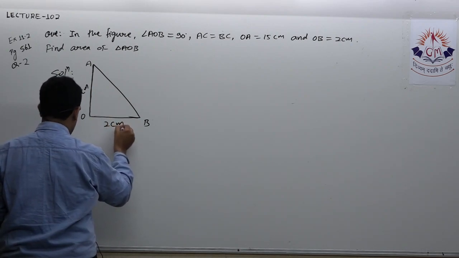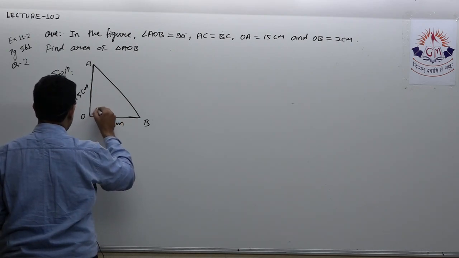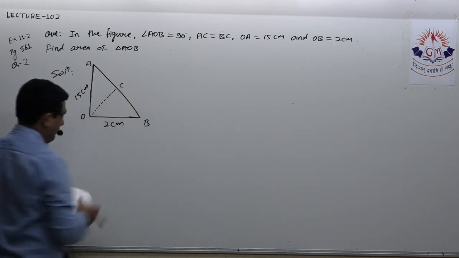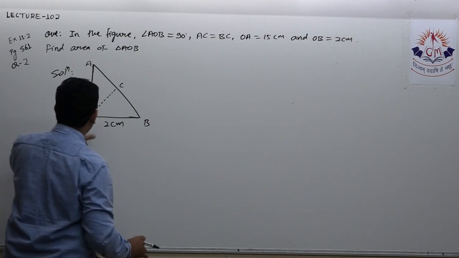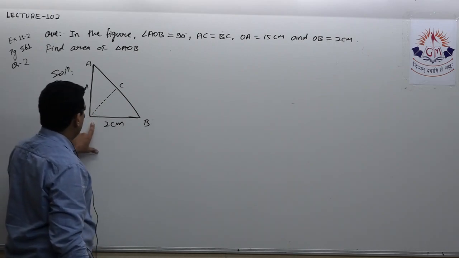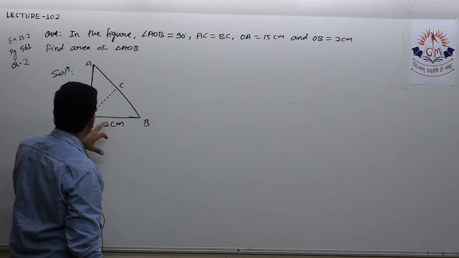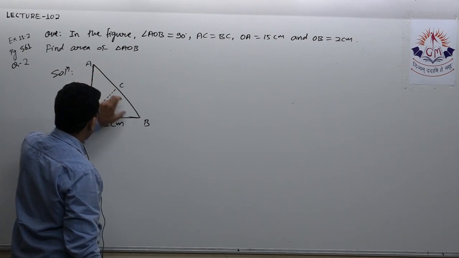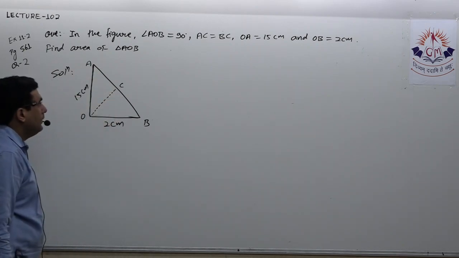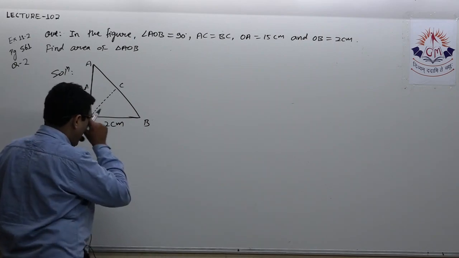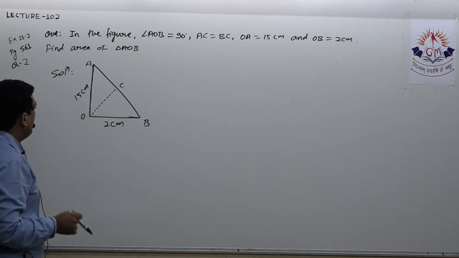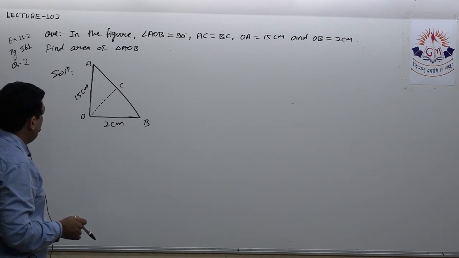OB is equal to 2 centimeter, and this is point C. AC is equal to BC, that means C is the midpoint. So we have to find the area of triangle AOB.